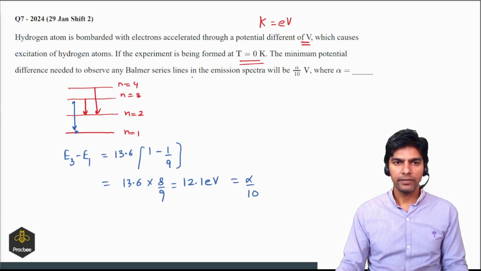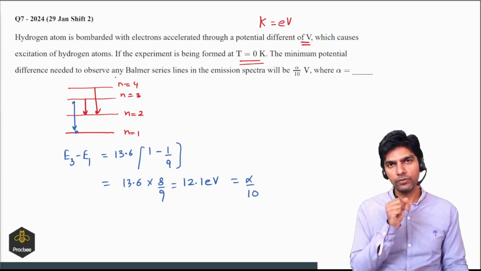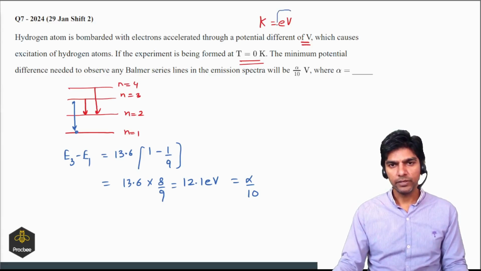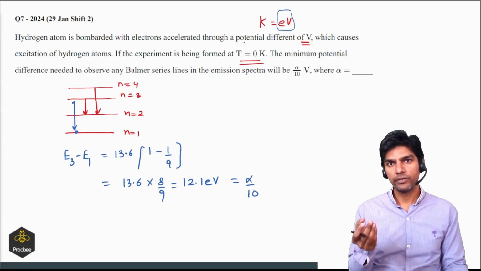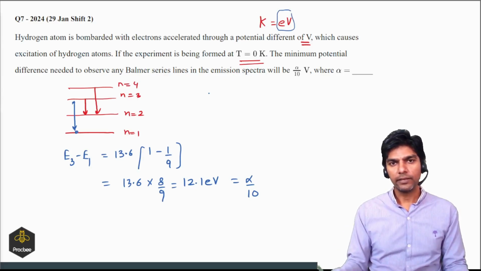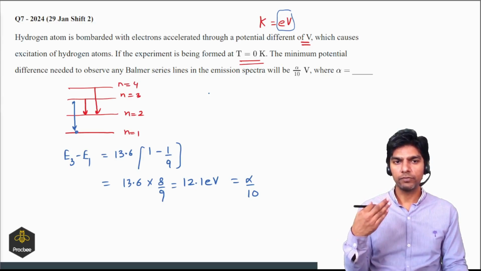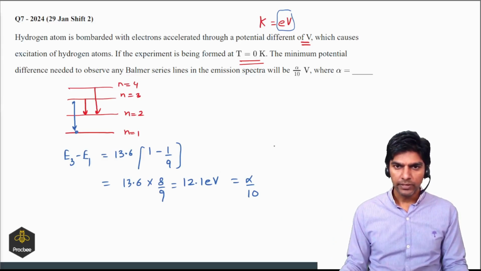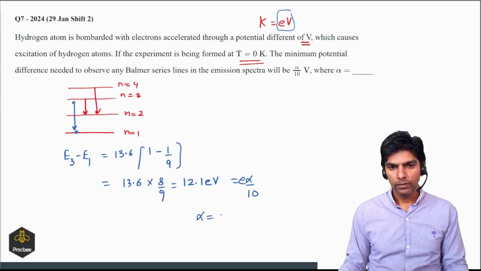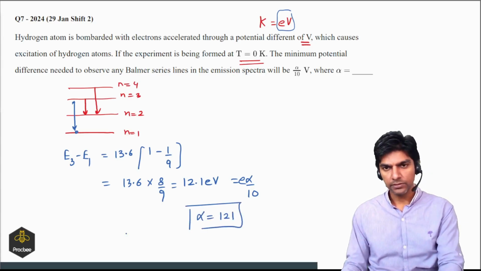The electron with energy eV strikes the hydrogen atom, loses its energy completely, and the hydrogen atom acquires that energy and jumps to the excited state. So the energy will be e times alpha by 10, and from this alpha comes out to be 121. So 121 is the answer of this question.